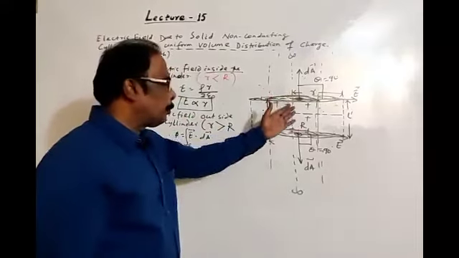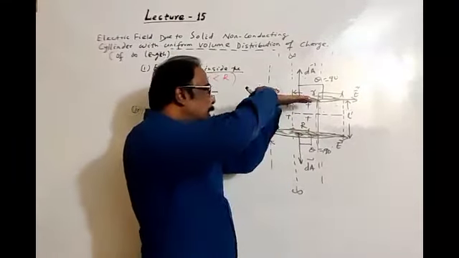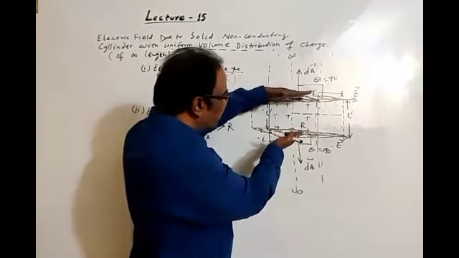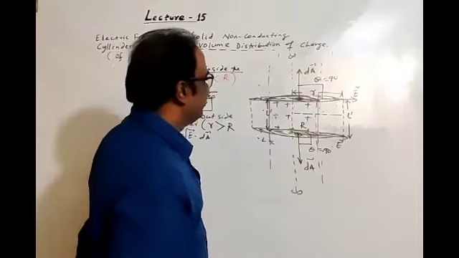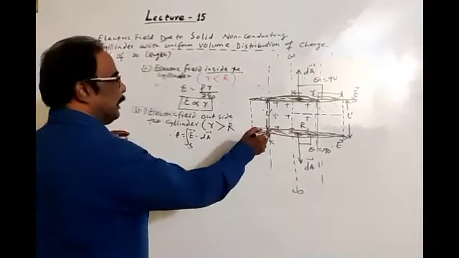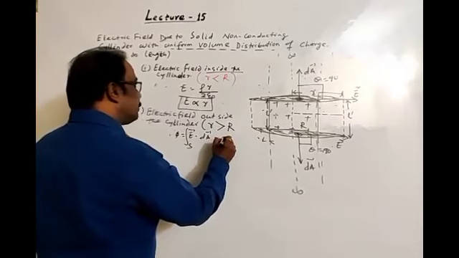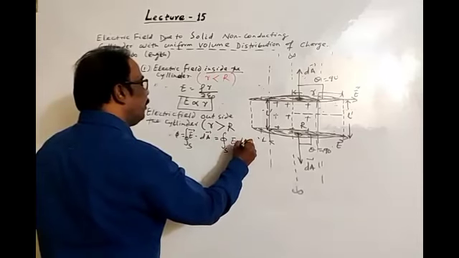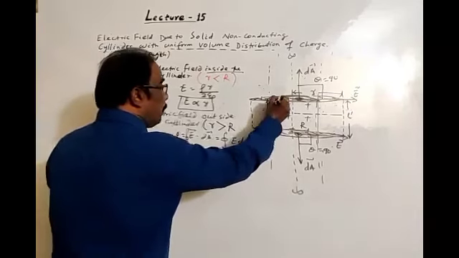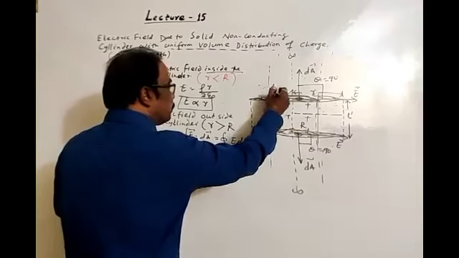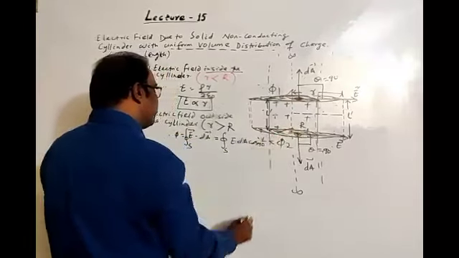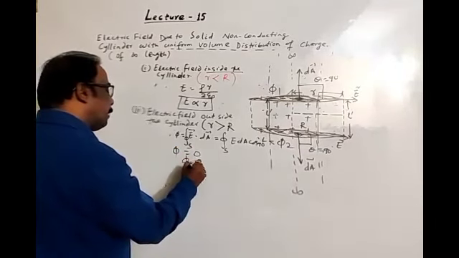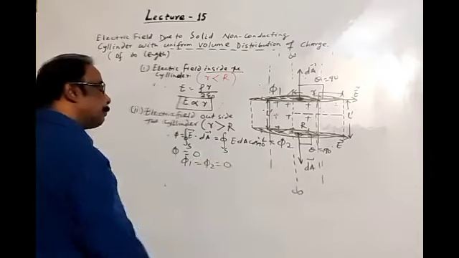So for these two surfaces, this is the cross-sectional area on the top part, and this is the cross-sectional area opposite to the upper part. For both cases, the angle between E and dA is 90 degrees. So this is the surface integral of E dA cos 90. Let the flux on one surface be phi 1 and on the other be phi 2. Then we may write phi 1 is equal to phi 2 is equal to 0.